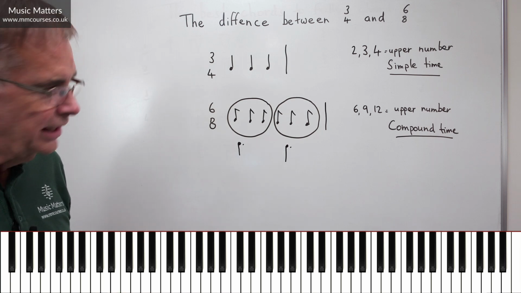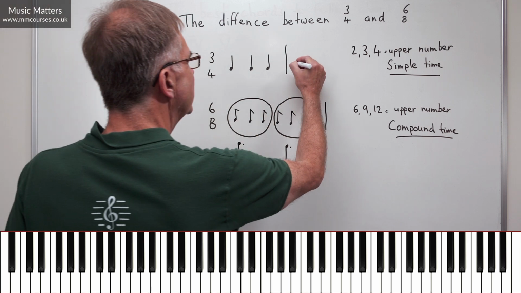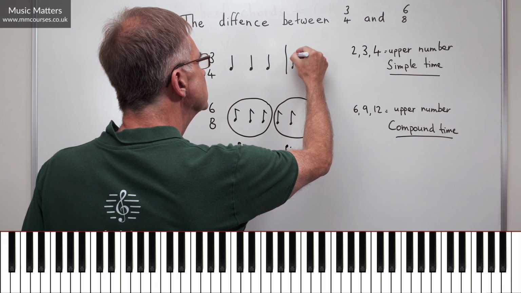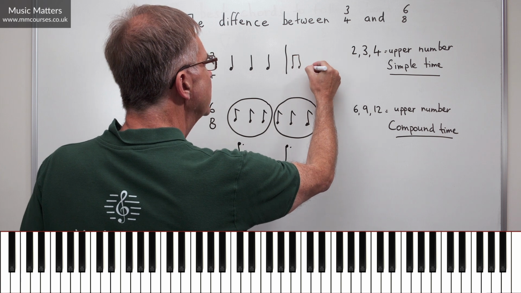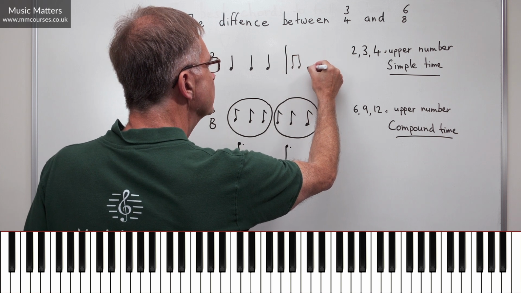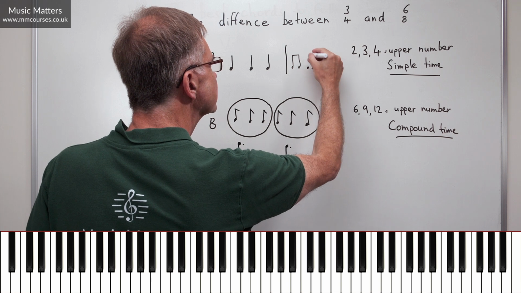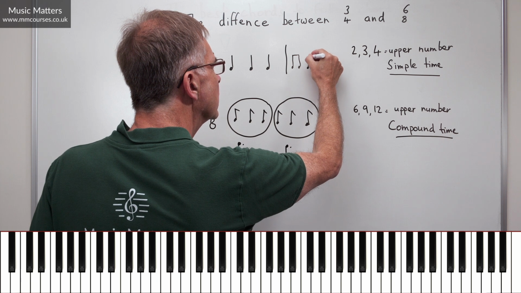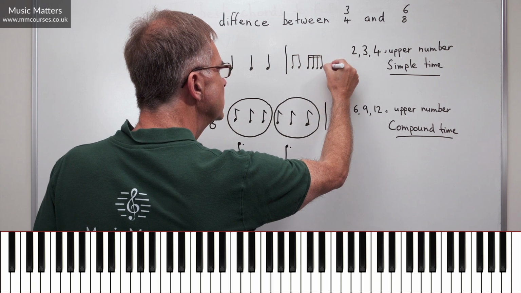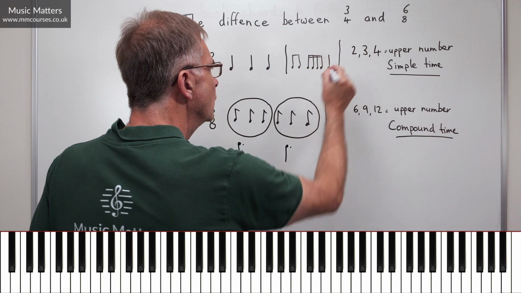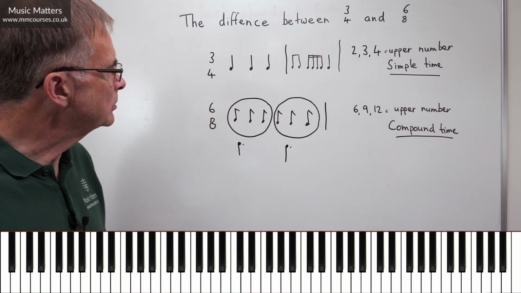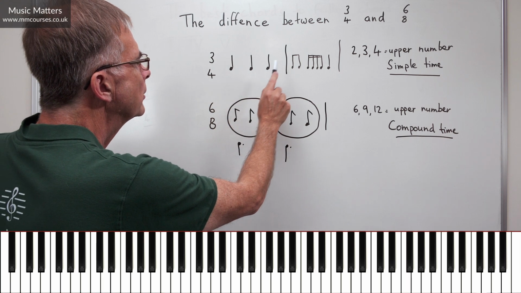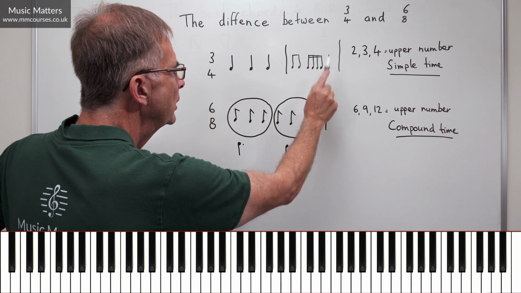So if in the next bar, for example, I wanted to write something like this, I'm going to have 2 quavers or 2 8th notes, and then maybe I'm going to have 4 16th notes, 4 semi-quavers, and then maybe I'll have another crotchet or quarter note to finish. Well, I've suddenly got a more complicated rhythm, haven't I? Because now I've got bum, bum, bum, bum, bum, ba, ba, ba, ba, bum.